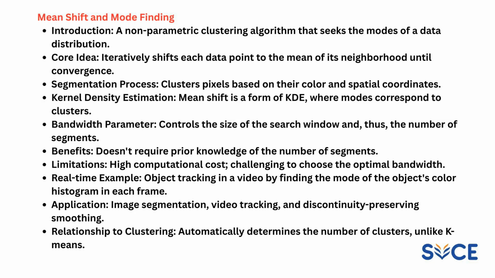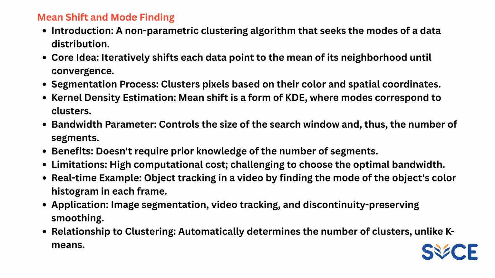You pick a dot, find the average, that is the mean, of the positions of all its neighbors, and then shift the dot to that average position. You repeat the process for every dot until none of them are moving anymore. At the end, all the dots will have converged on the peaks of the data distribution.